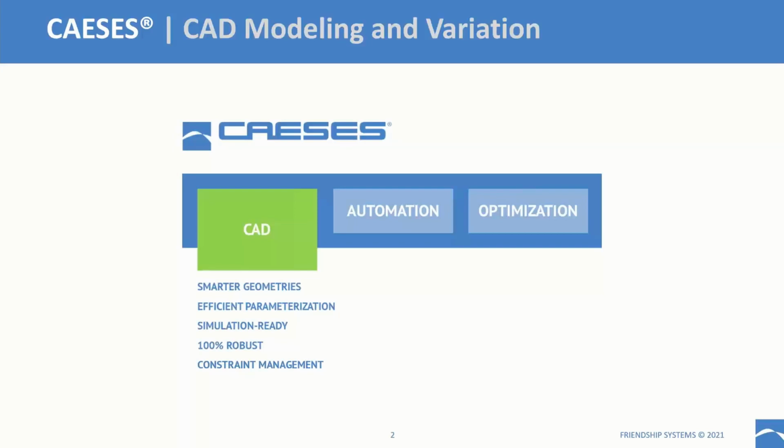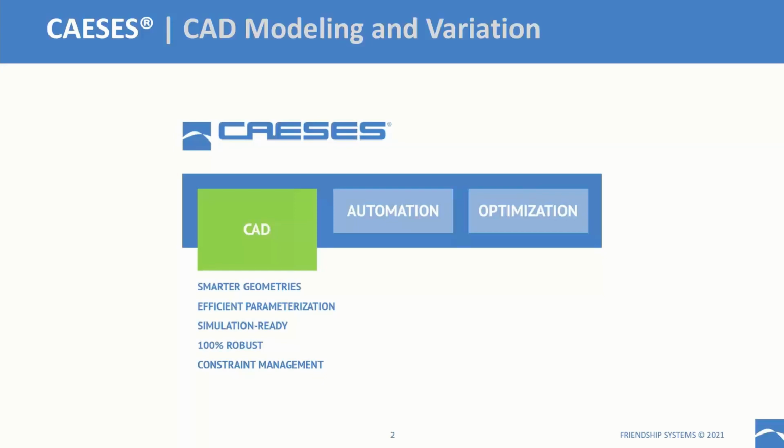And Cases is basically a very specialized CAD tool with a focus on geometry variation specifically. So something that with many traditional CAD tools is rather difficult to do. We want to be able to change geometries in a very flexible and robust way during the optimization process.